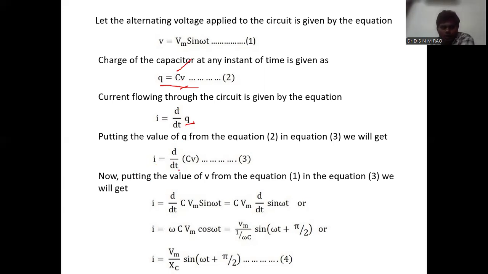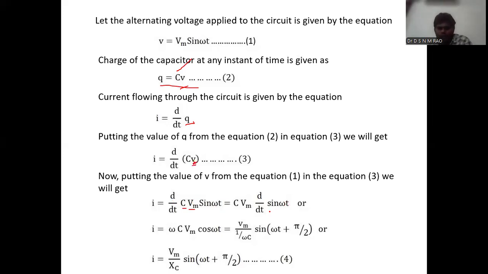Now putting the instantaneous value of supply voltage, I equals d by dt of C into Vm sin omega t. C and Vm are constants, so I equals C Vm into d by dt of sin omega t.